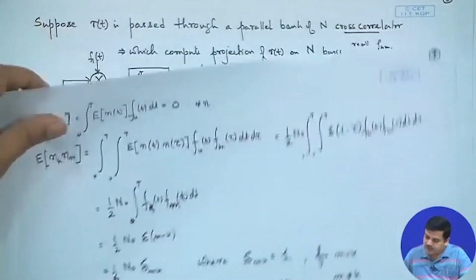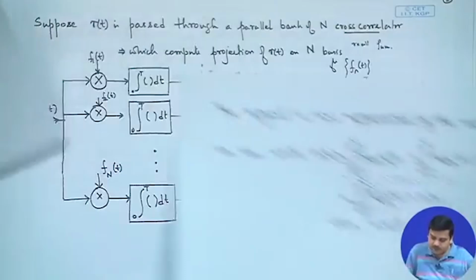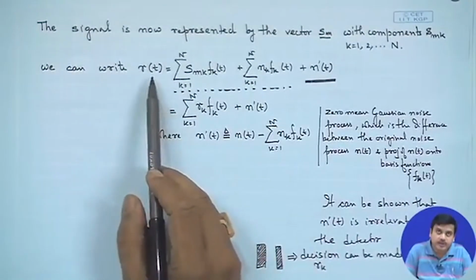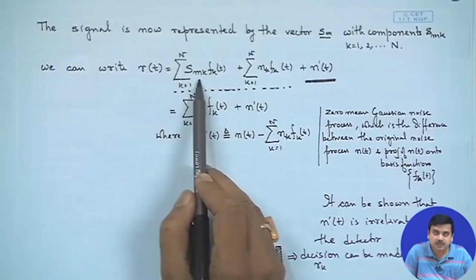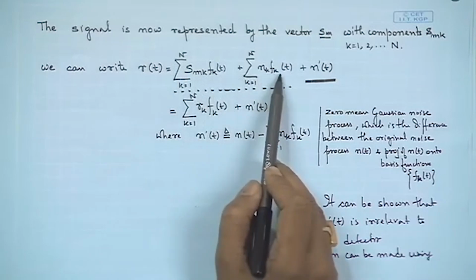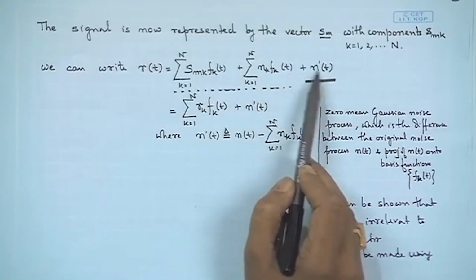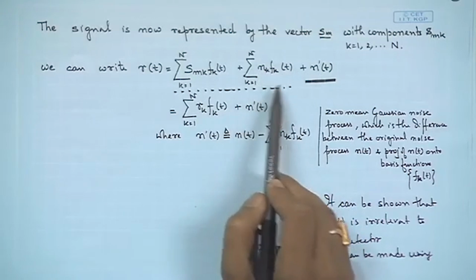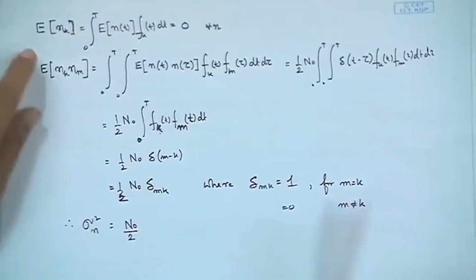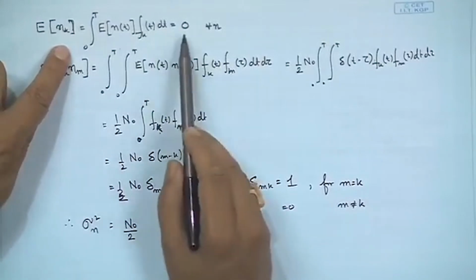And then we said that this particular signal could now be written in terms of an expansion of the signal using the basis functions, and the noise using basis functions plus noise which is lying outside the basis set. Then we looked at a few properties of the component of noise, which we found to be zero mean.